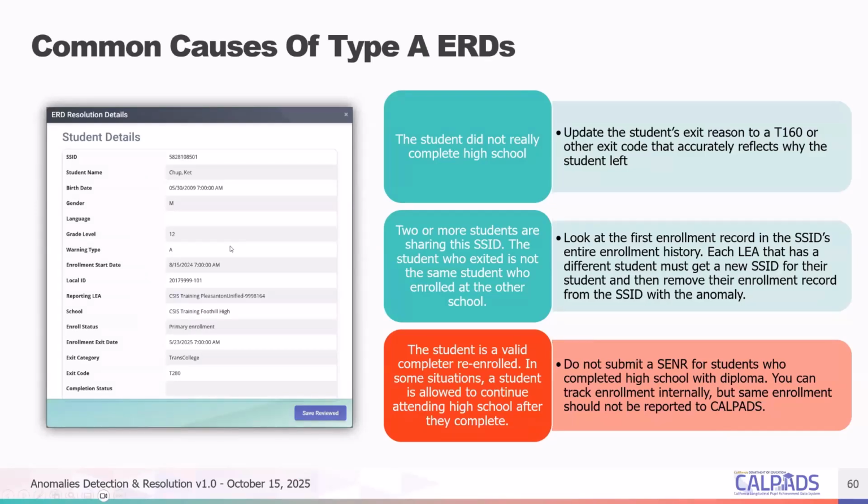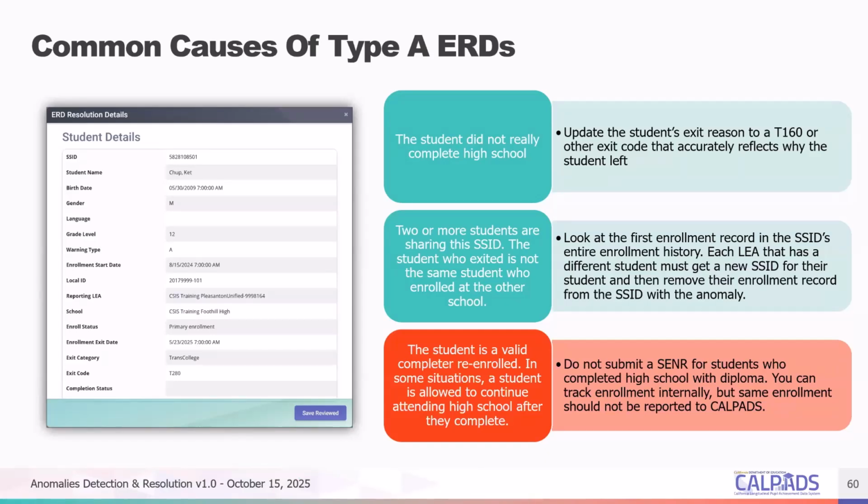So the common causes of type A, again, you have students who did not really complete high school. So let's say the student was at LEA last year and the student was marked T280 and then the student re-enrolled at your district, then of course that is an incorrect status.